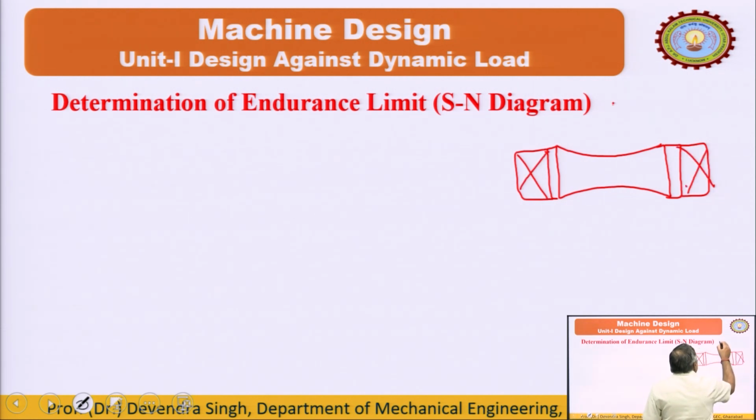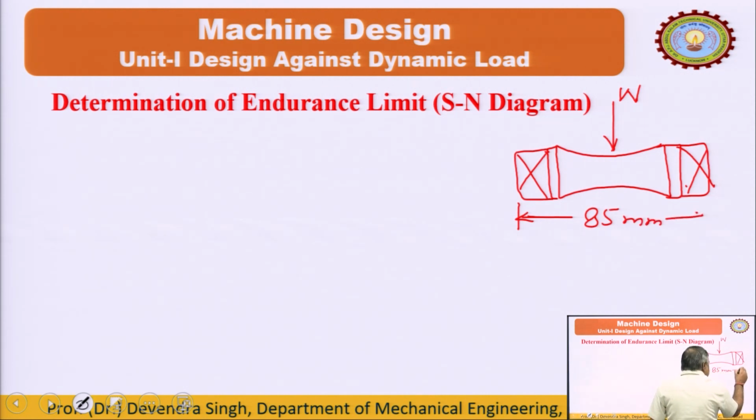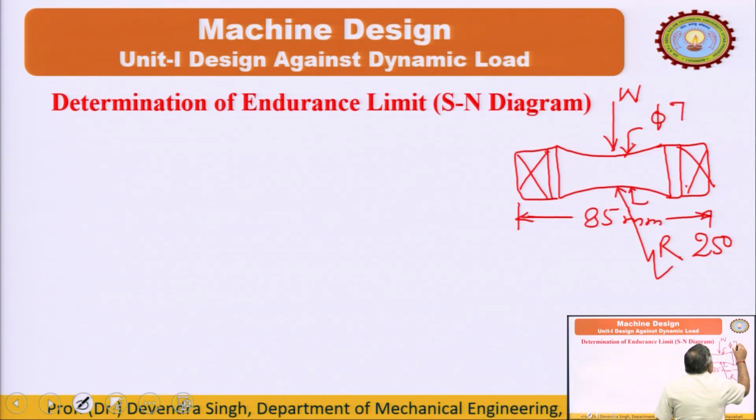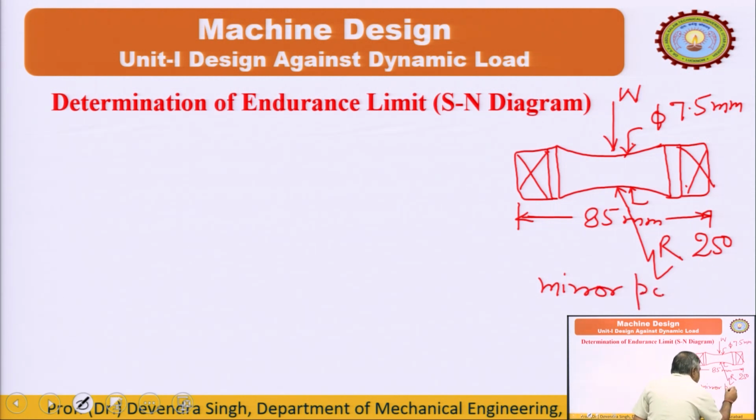It is subjected to this bending load W. The length of this specimen is 85 mm, standard length, and the radius of curvature is 250 mm, and the minimum diameter is 7.5 mm, and it is mirror polished.